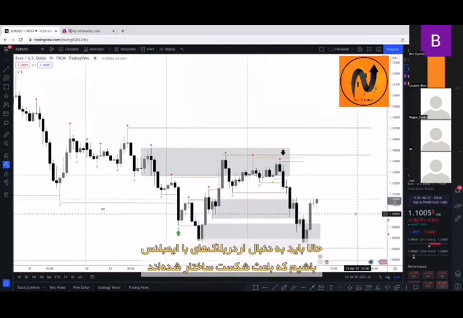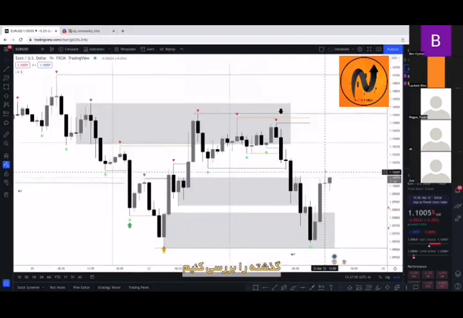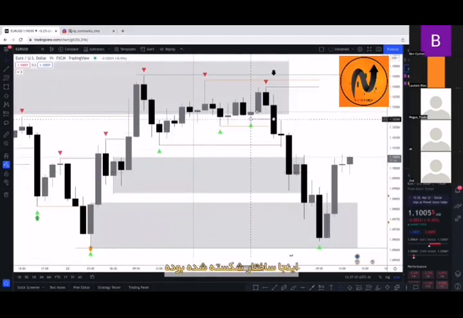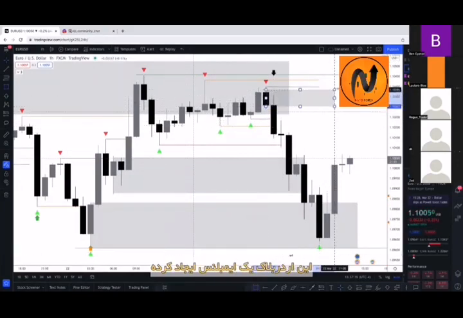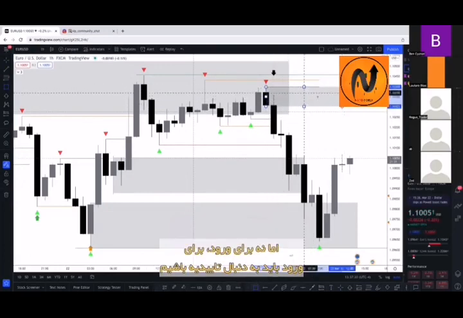Now, we need to look for all those OBs with imbalance that caused a break of structure. They have to cause a break of structure, right? So let's backtrack here. We came and did what? We broke structure. This OB left an imbalance. All right, so this is a valid, not mode of entry, but POI to look at for confirmation entries to go short.